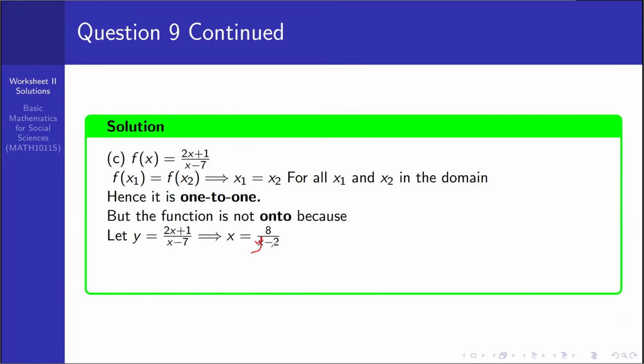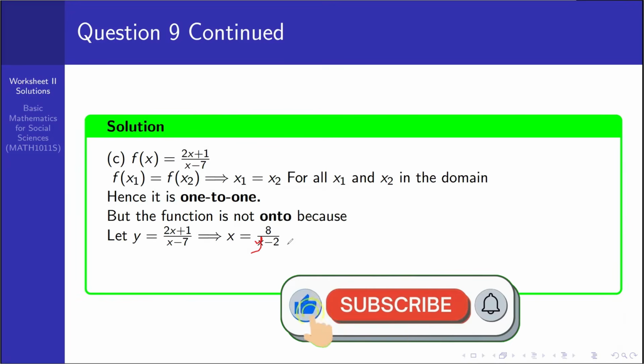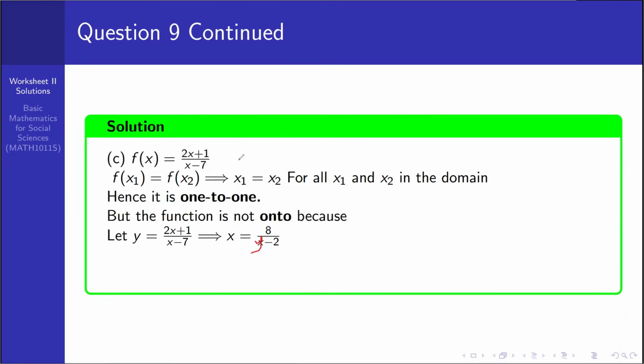So here y, the possible range of this function, is the set of real numbers without 2. But the function is defined from R to R. So the range of this function is different from the codomain.